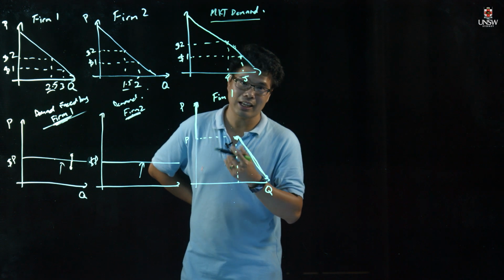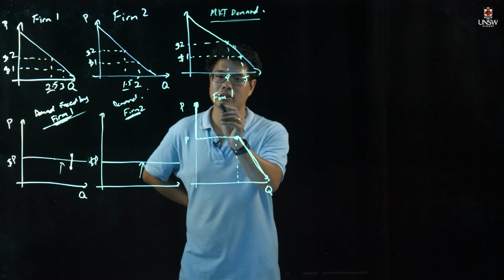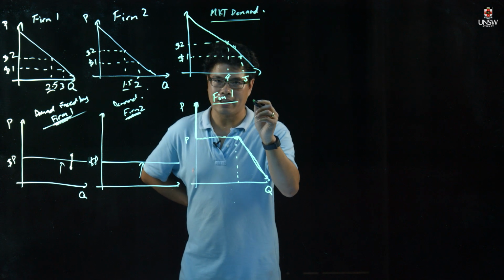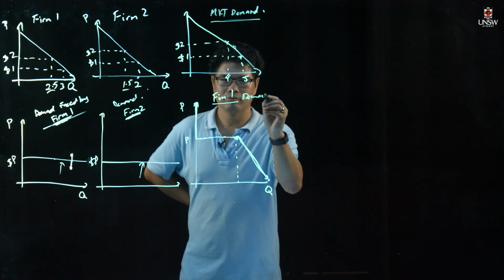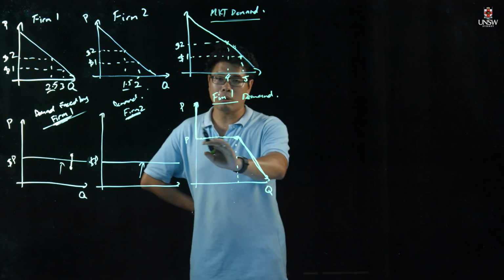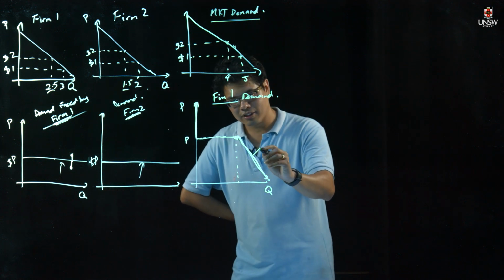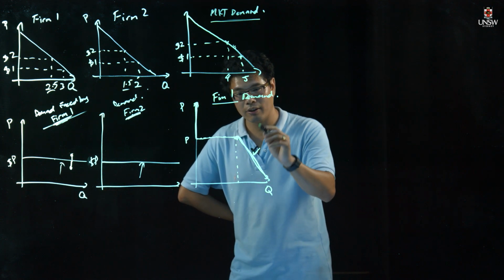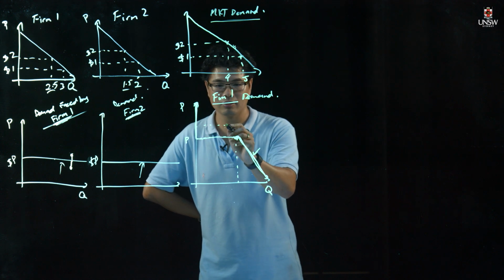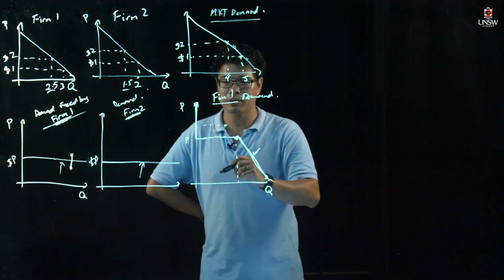If we want to be very precise about this, this is basically the firm's demand. This is what would happen if we're not at the equilibrium price. If I add all of this for every single firm involved and at every single price level, I would indeed get this market demand up here.